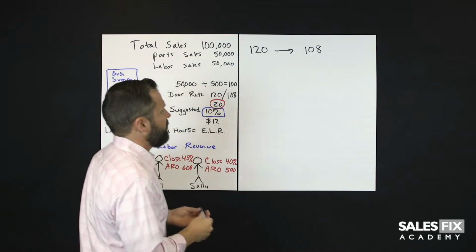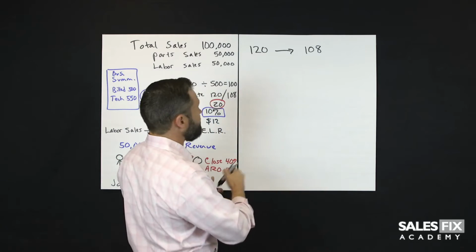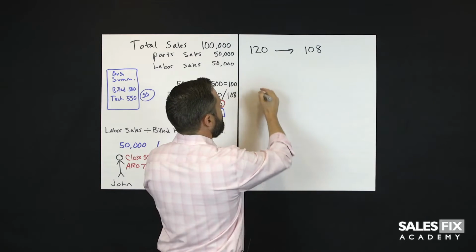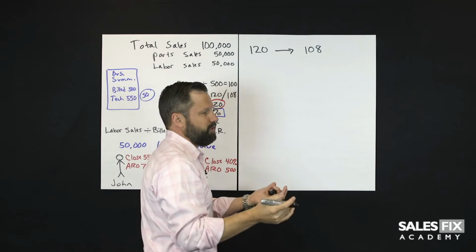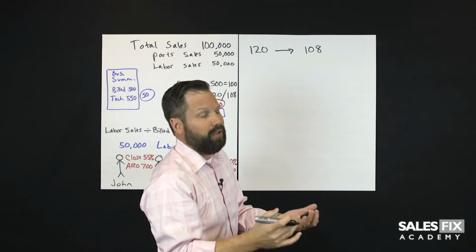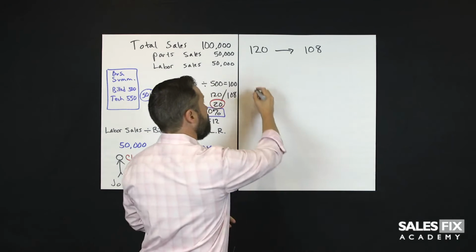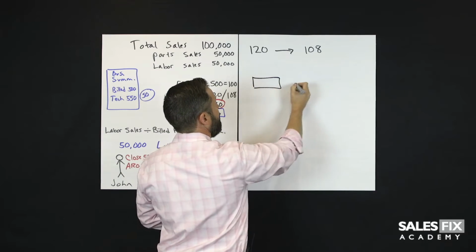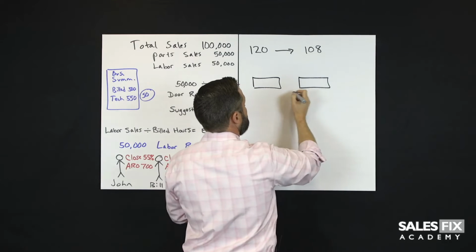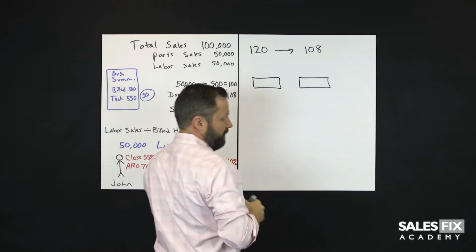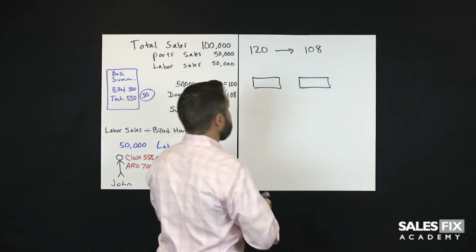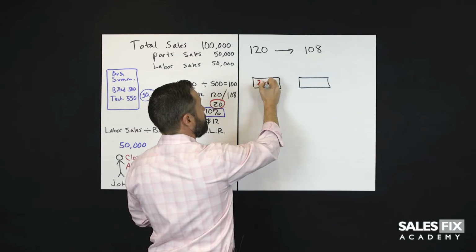I'll give you an example of this. Let's say you're on the phone with a customer and you're talking to them, and you can already tell they're negative in the beginning, and you've got your screen up in front of you. You've entered in the amount of $250 for an AC compressor.